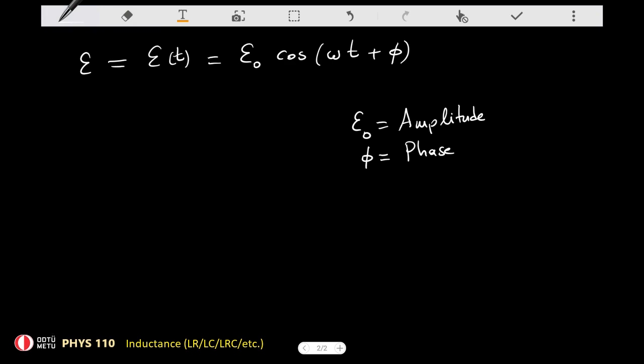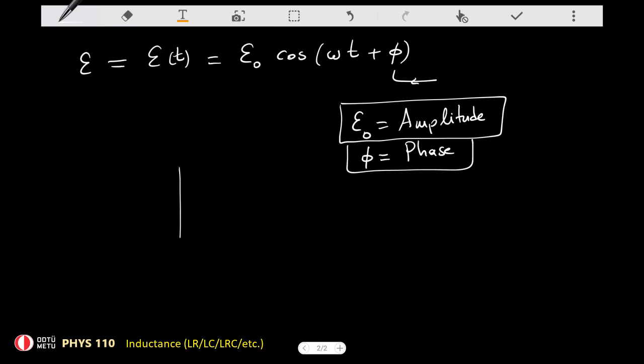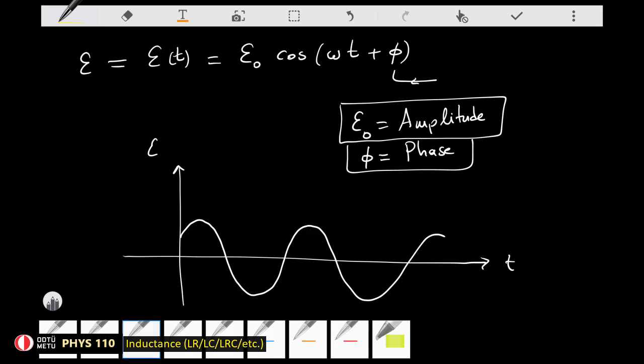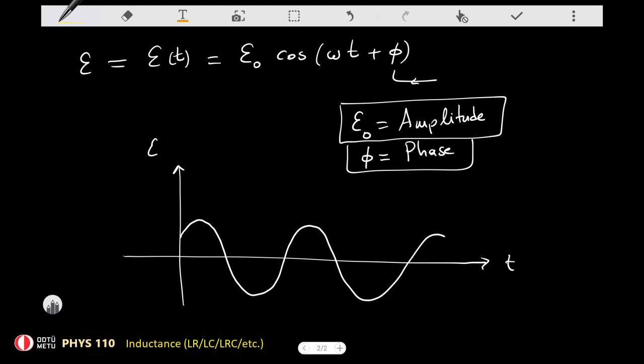The coefficient that appears in front is called the amplitude, and the angle that appears here is called the phase. With this, the EMF has this kind of time dependence. So I'm going to draw it like that, using a different color, let's say yellow.